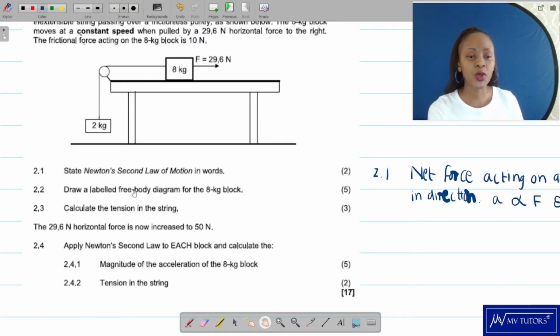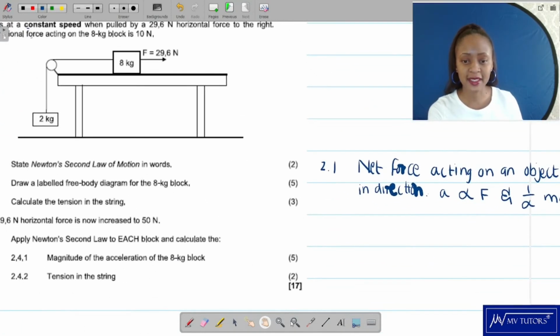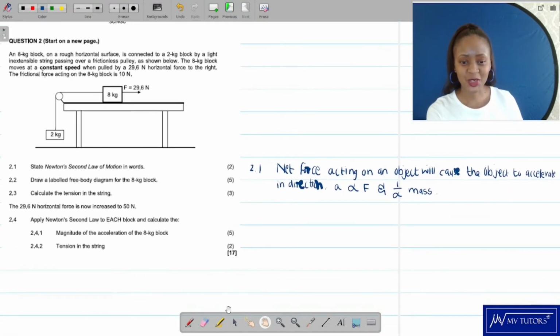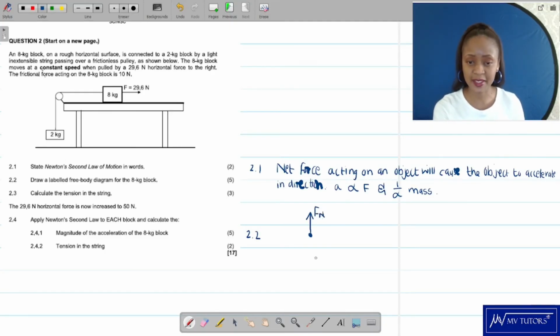So draw a labeled free body diagram of the 8 kg block. Okay, I'm just going to draw it on the side. I thought maybe it would be better drawing it on the drawing itself, but it might be a bit untidy. Okay, so there is the 8 kg block. The easy ones, we know that we have the normal force, which is perpendicular to the surface.